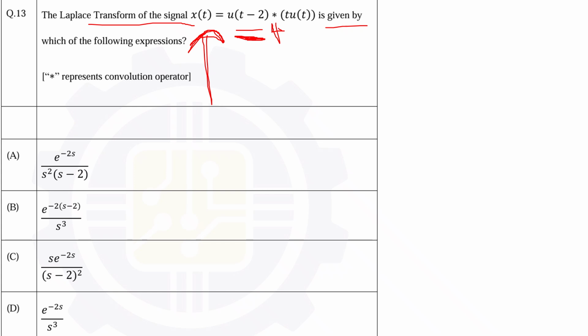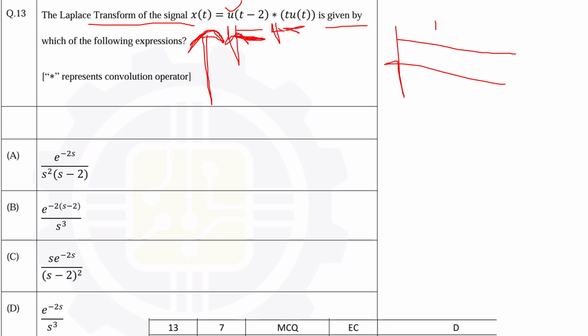The first part is u(t-2), where u is the unit step, a step function, like a continuous DC type of current, and unit means the magnitude is 1. The second part is t u(t). So we have to find the Laplace transform. As per the answer key, answer D is correct, that is e^(-2s)/s^3. Let's see the solution.